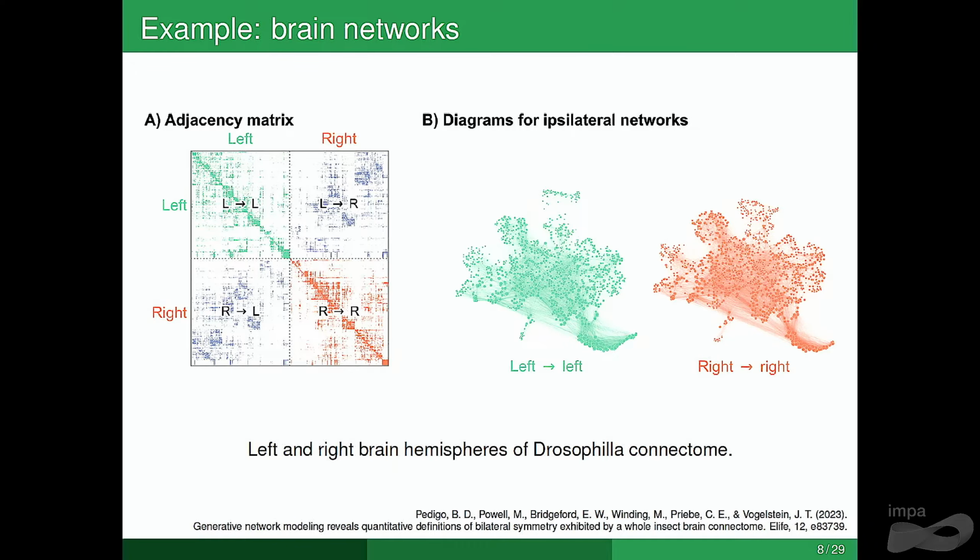So scientists are interested in understanding the relationship between the two hemispheres of the brain, maybe to understand how the functionality changes in one hemisphere and the other. And the first question to ask here is whether we can find a correspondence between the neurons of the two graphs, right? So once we have the correspondence, we can compare the two sides of the brain more easily and maybe find regions that are more similar or more different and so on.